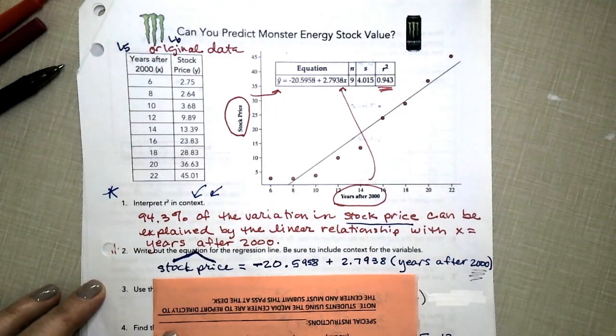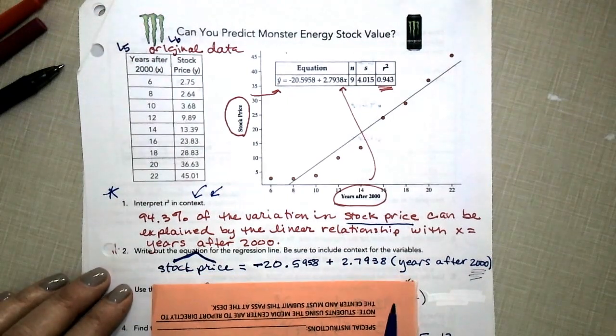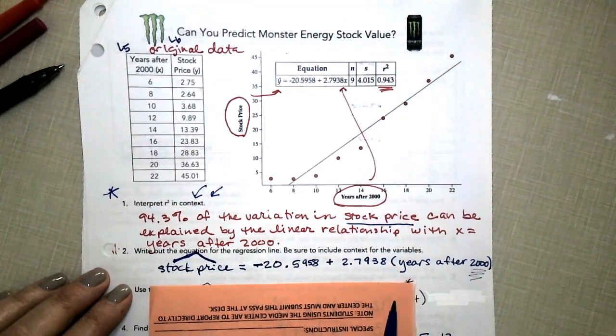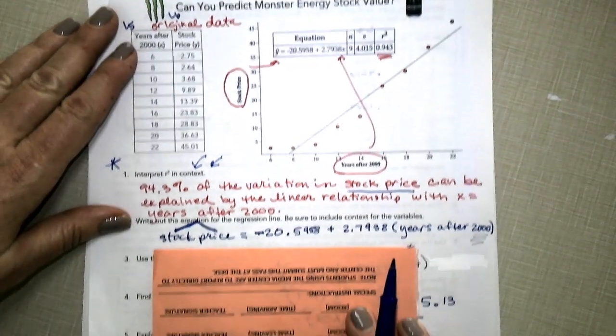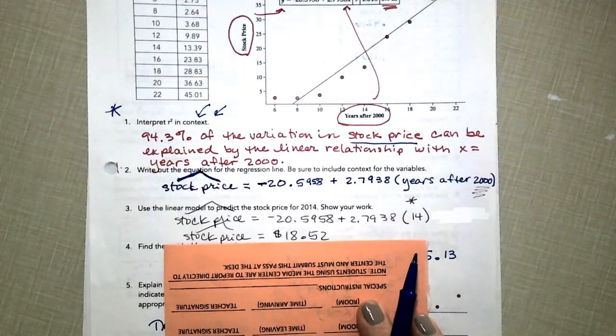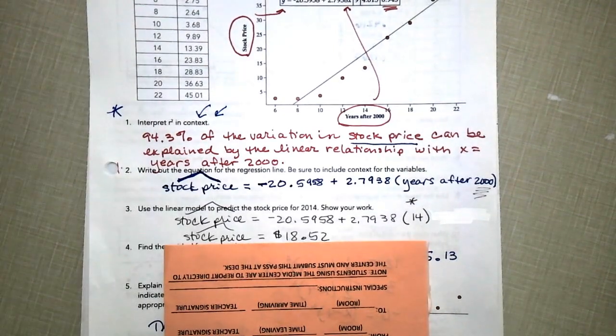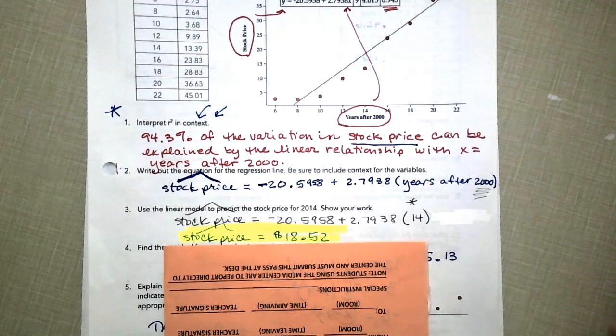Now, in the first example, you had to type in the full 2014, but this one, you're just putting in the years after 2000. So when I plug it in for 2014, don't plug in 2014. You're just plugging in 14. All right. So the predicted stock price is $18.52, and that's pretty straightforward stuff that you probably could do.